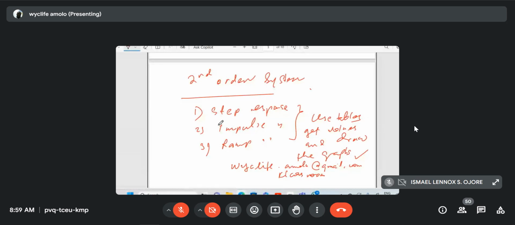But just use the step response in most cases, and impulse if possible. And ramp is just for the sake of understanding the concept. This is for your life, and this is a time for you to read this area. Unless there's a question, I think I'll stop there.